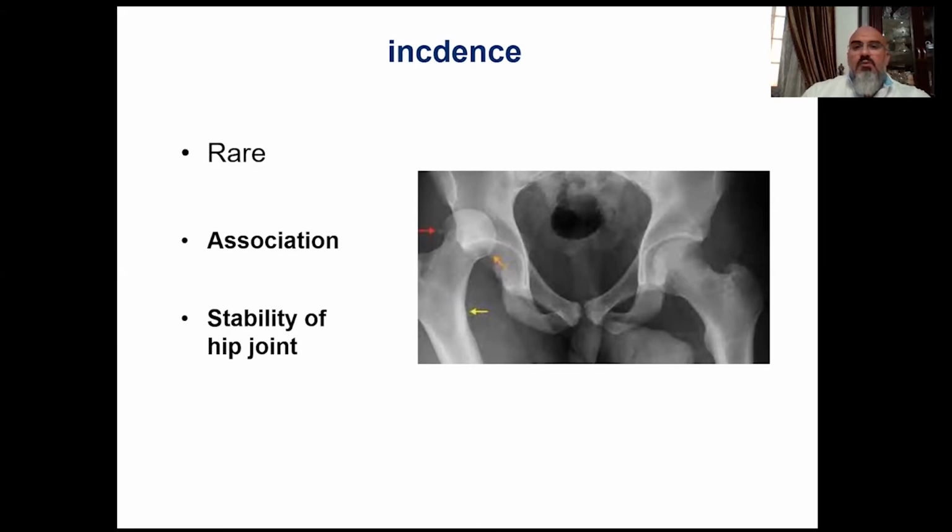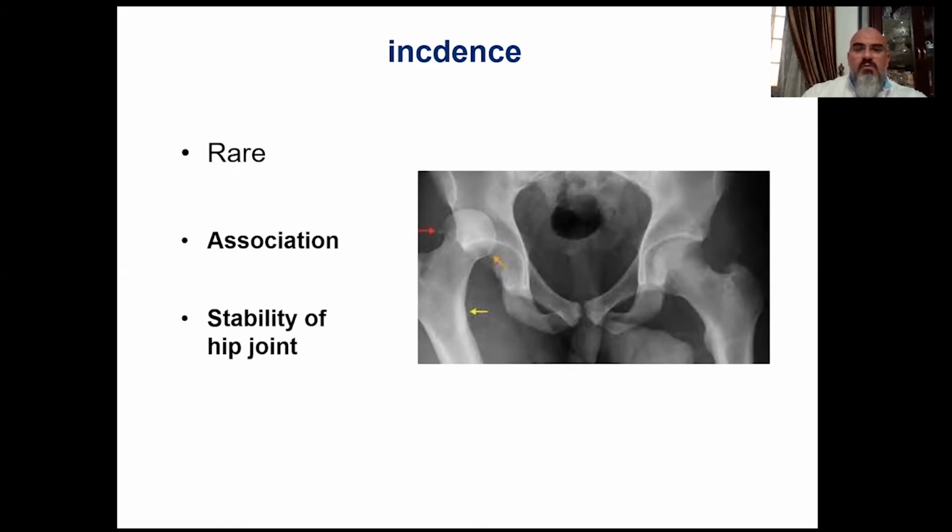This justifies why, when we have such an injury, especially in young patients, young adults, it's due to a very violent trauma, extreme violent trauma. So we expect associated injuries with such an injury. The prevalence of non-orthopedic injuries in hip dislocation is about 67%.